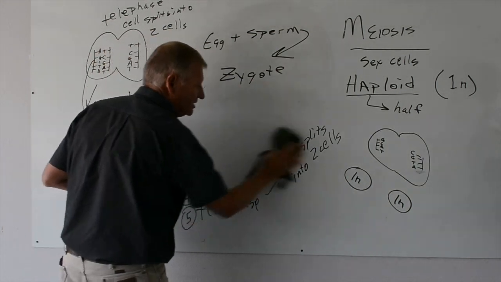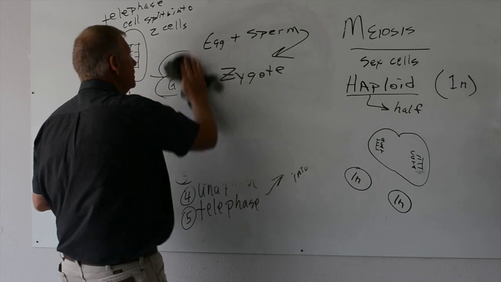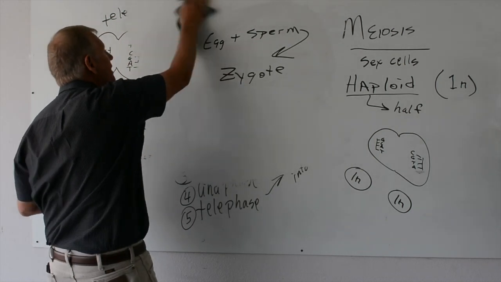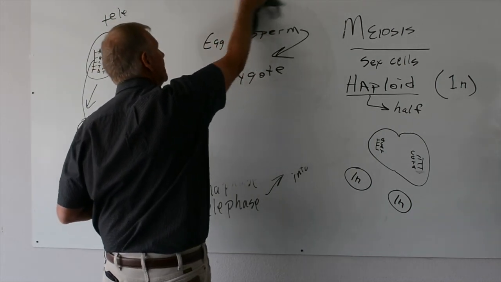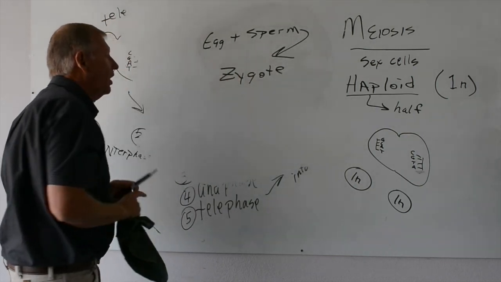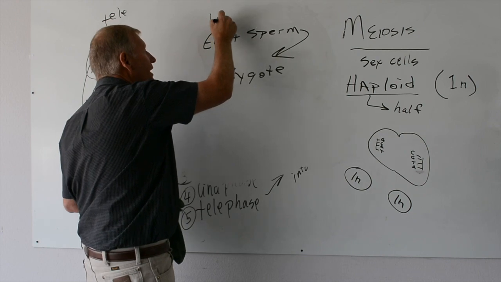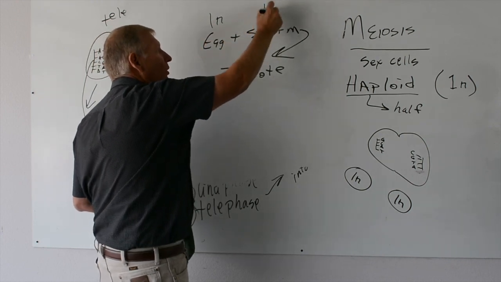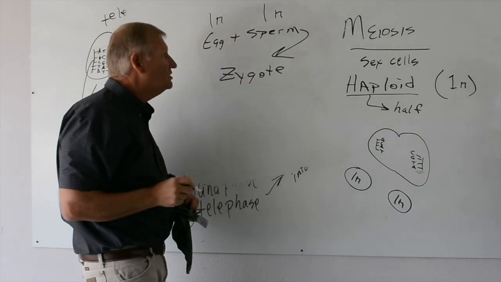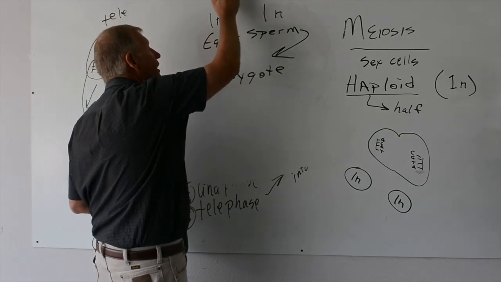Now, let me ask you this. Let's use some good scientific thinking here. Let's talk diploid and haploid. What's the egg? It's haploid. So 1N. What's the sperm? 1N. So these two are haploid.